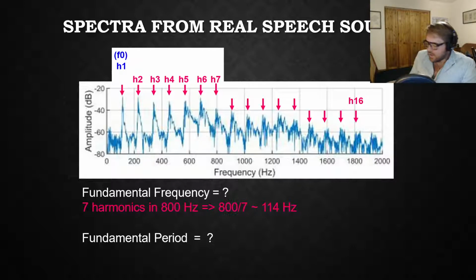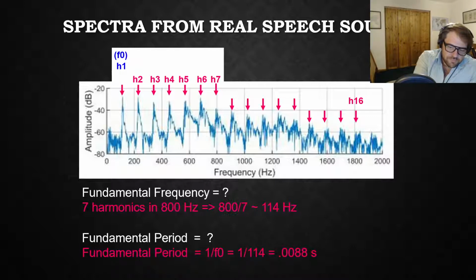So all you got to do is 1 divided by 114 equals 0.00877. Yeah, right there.